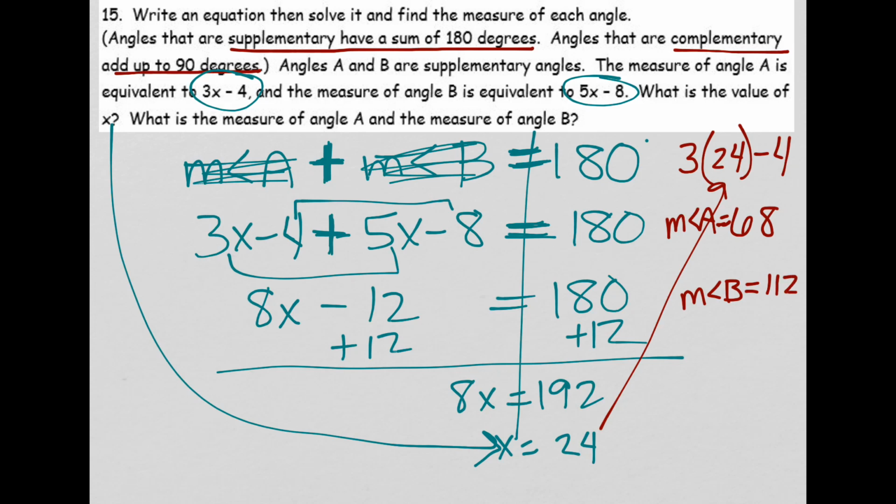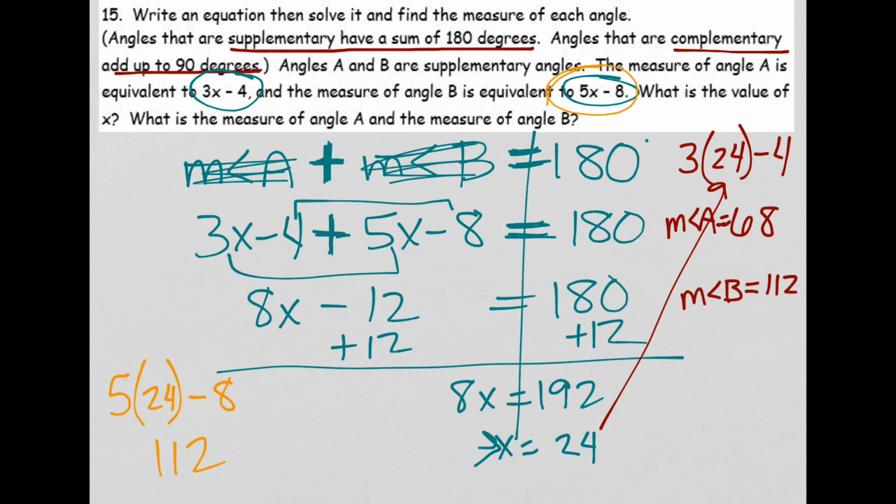But if you wanted to, just because you love algebra and you want to see if you're right, you could plug that 24 into this expression for B. Go 5 times 24 minus 8, and oh my goodness, you get 112. How about that? So the two angles are 68 degrees and 112 degrees.